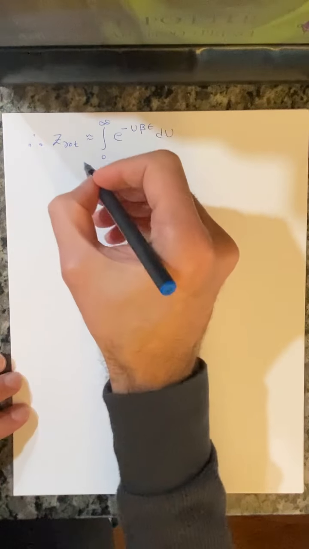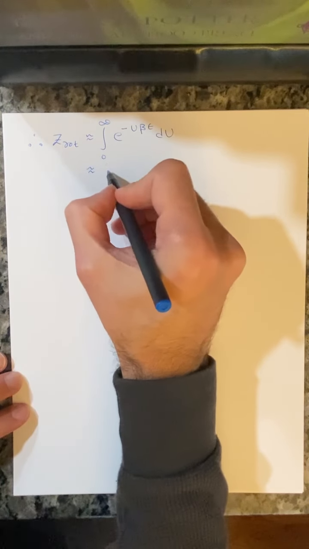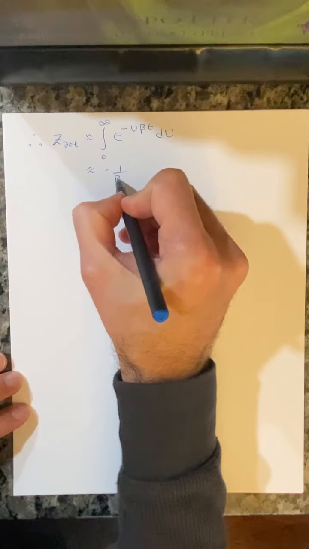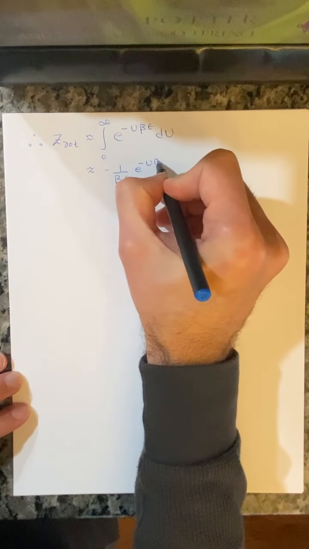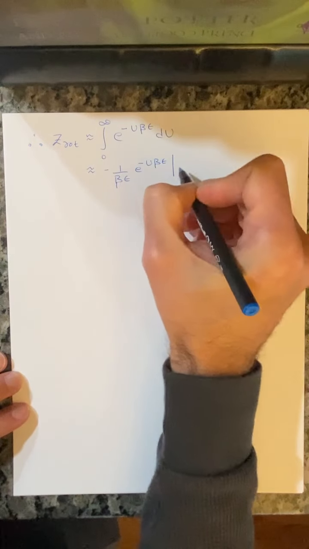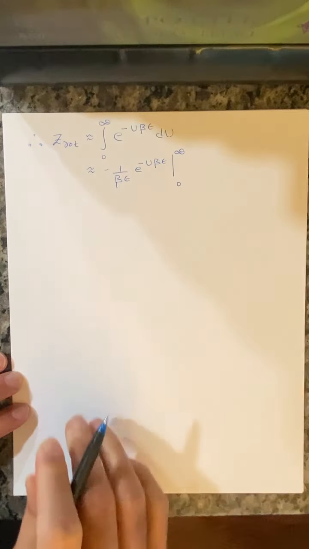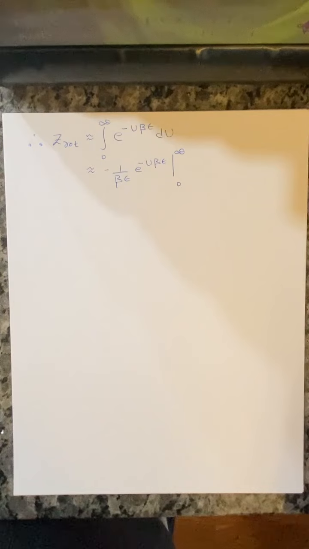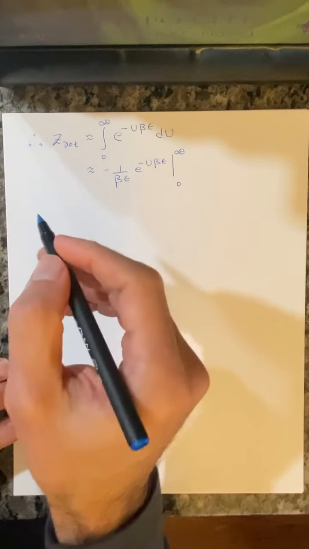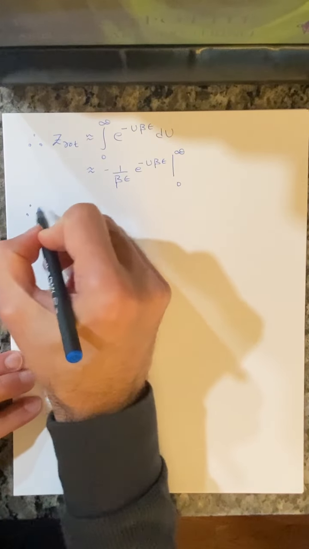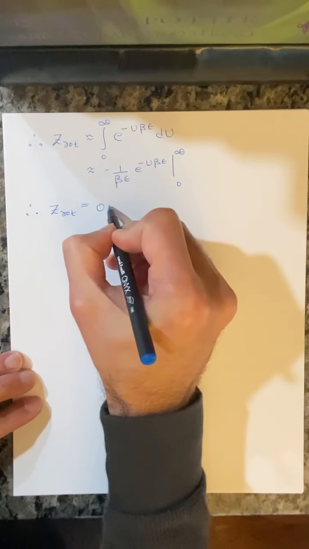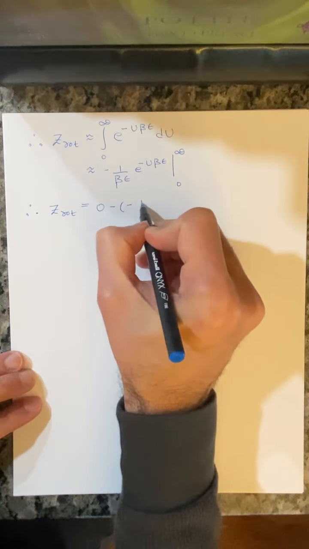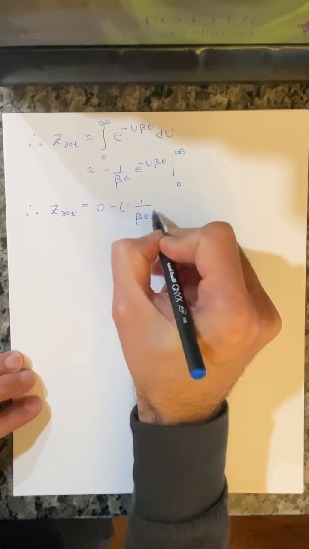Once you have that, this is going to be equal to minus 1 over beta e, e raised to minus u beta e, and put the limits, 0 to infinity, right? Therefore, Z rotational is going to be equal to 0 minus 1 upon beta e.